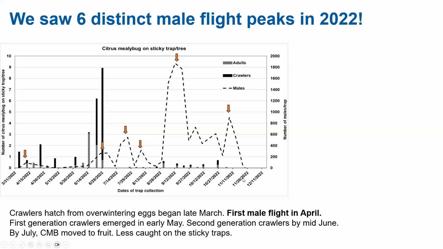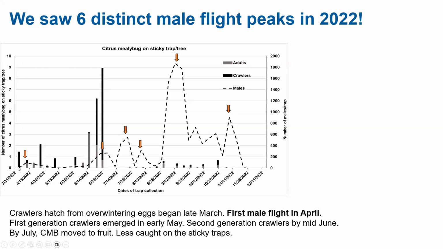And on the x-axis are the dates of trap collection. It's a 2-week interval. So what we found was citrus mealybug activity started in March because we caught crawlers, the darker bar, in the last week of March. 2 weeks later, we saw that males had started flying, the first male peak, and soon after we started catching adults.